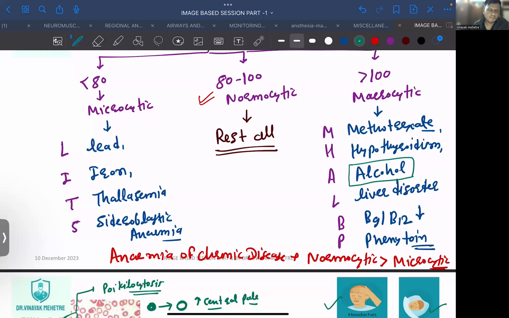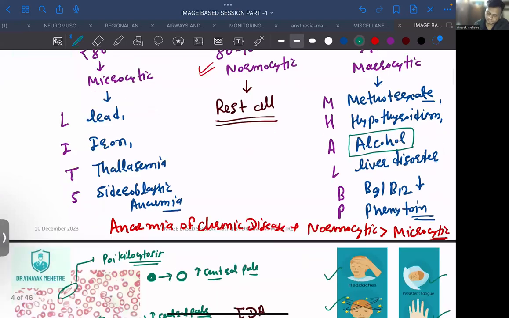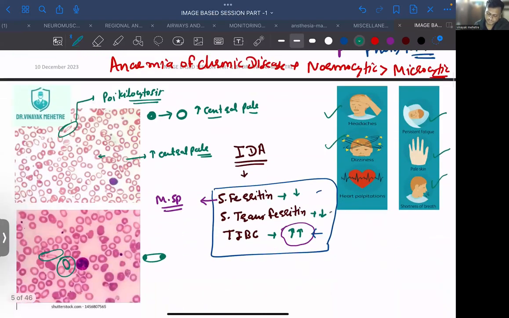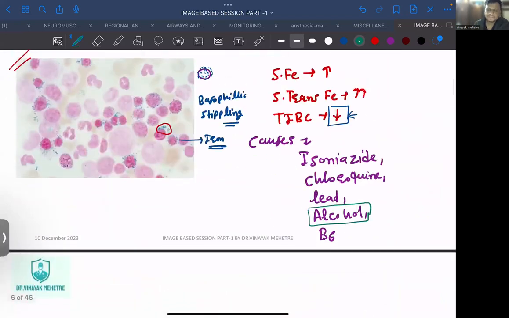Alcohol can cause macrocytic as well as microcytic anemia. Understood? How can you remember?